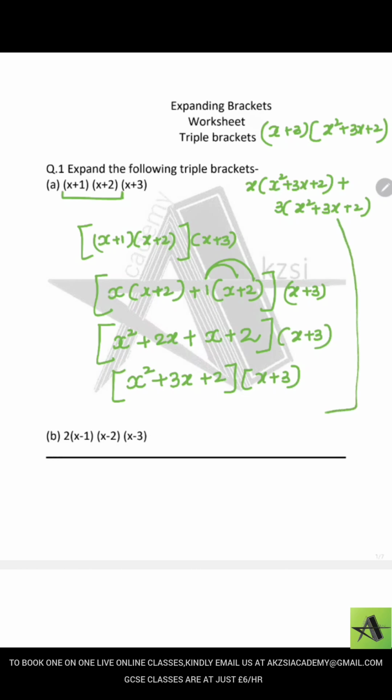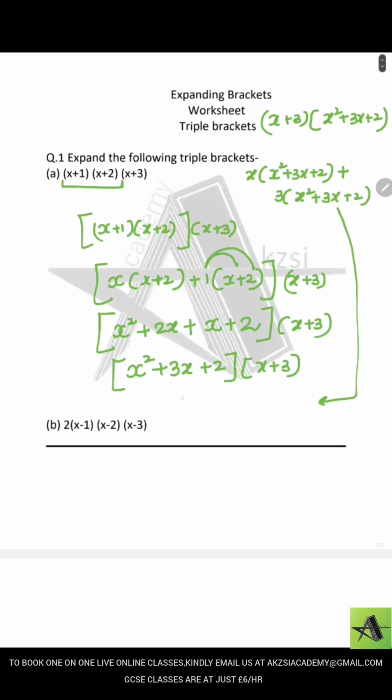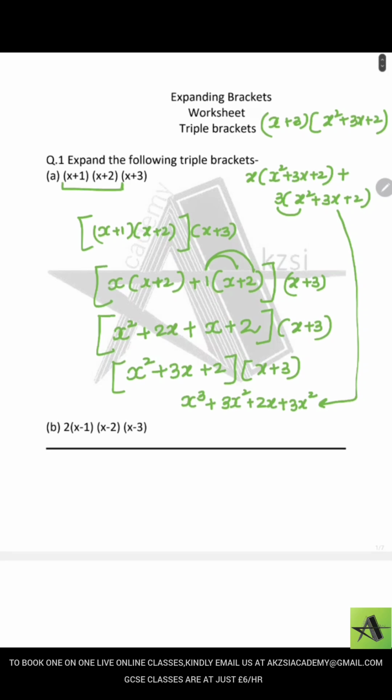So I am simplifying it here, which is x cubed. What I'm doing is just multiplying every term with the terms inside the bracket. So x times x squared is x cubed plus 3x squared plus 2x plus, now 3 times x squared, 3x squared plus 3x squared. 3x times 3 is 9x plus 6.